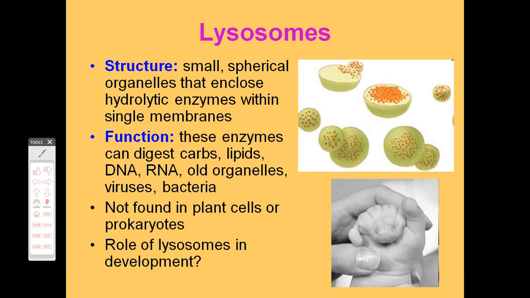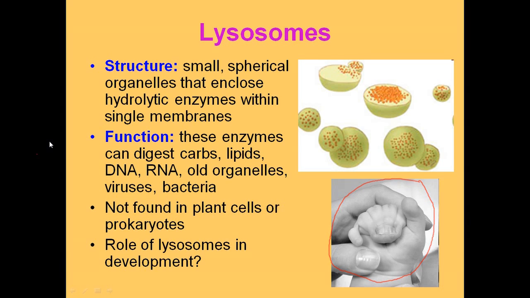Here you can actually see in the bottom corner, I posted an interesting little application for lysosomes. When we're developing as babies, typically all of our digits are fused together when we're still developing inside of your mom, inside the womb.